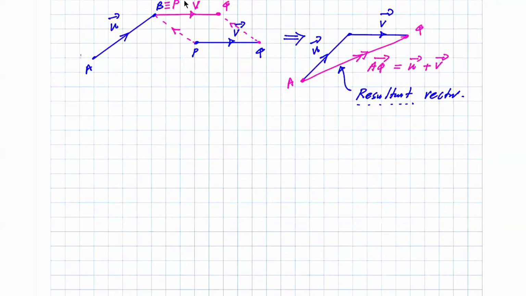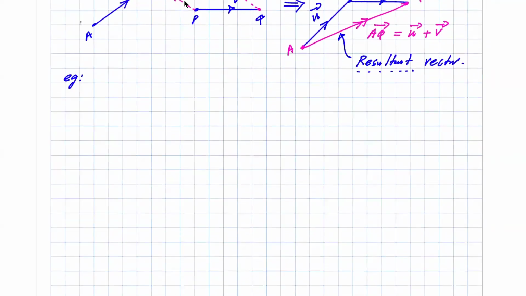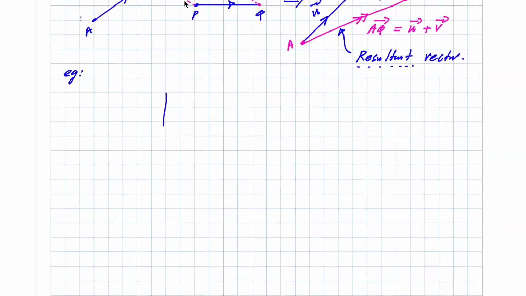Right. So let's think about a question here. Think about a simple question where you have V here and you have U here, and this is 90 degrees. So now we have to find the resultant vector. What we can do is parallelly transform this one onto this point.